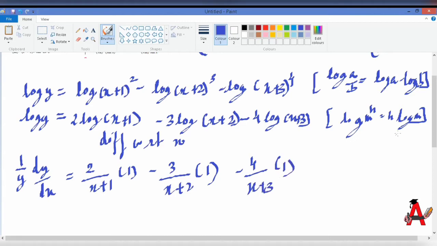So the final answer is 2 upon x plus 1 minus 3 upon x plus 2 minus 4 upon x plus 3.